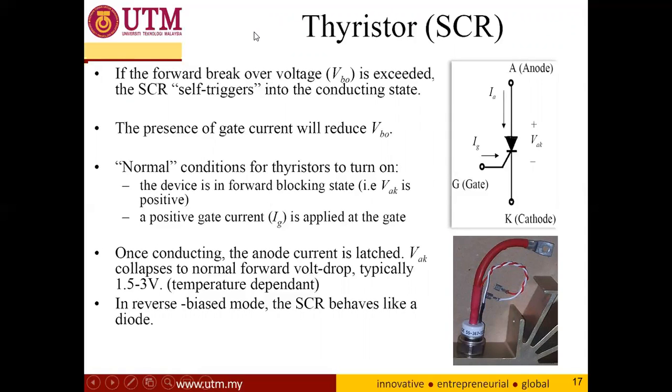Okay, the second group is the thyristor. The thyristor itself is actually this symbol. It is similar to the diode, but the difference is that we have the third terminal here, the gate. So we have three terminals: anode, cathode, and gate. And for the condition to turn on the SCR, we need to meet two conditions.